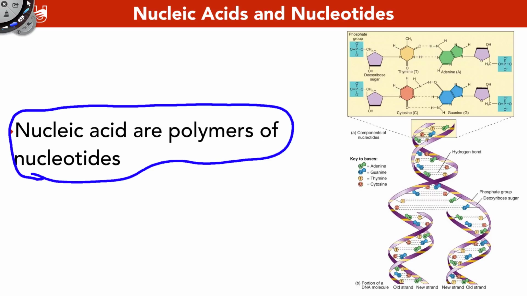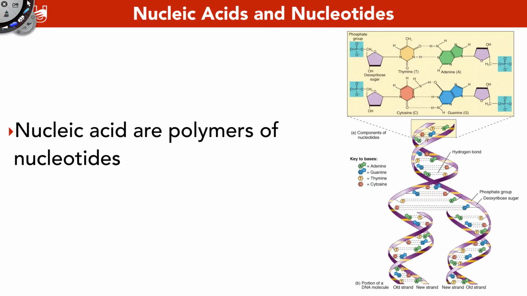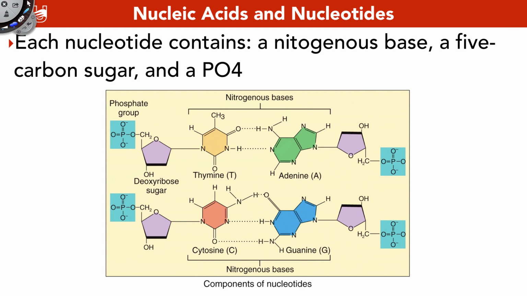Okay, you should also recognize that this is a nucleotide. So you don't have to memorize the base structure here, but just recognize that if you see something like this, this is a nucleotide. Okay. Now, what does a nucleotide contain?